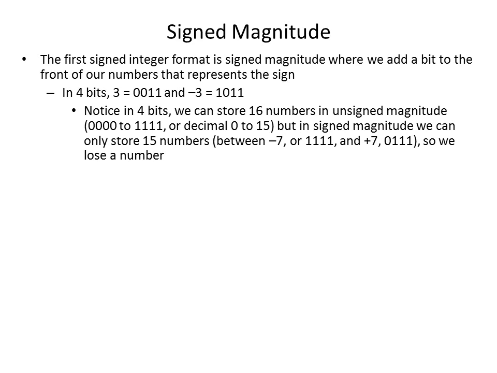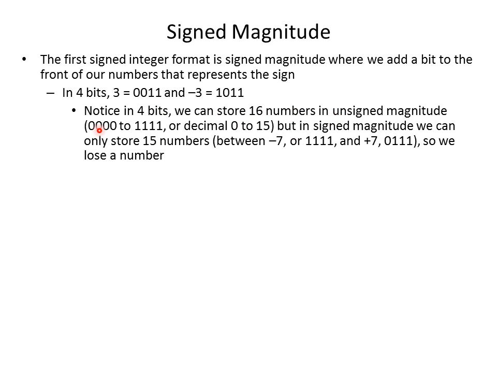Now signed magnitude in a 4-bit number. For example, if it is written +3, then it is 0011. Here 011 is the magnitude and 0 is the sign. If it is -3, then it becomes 1011. Notice that with 4 bits we can store 16 numbers in unsigned magnitude.